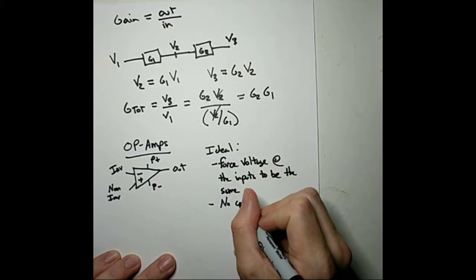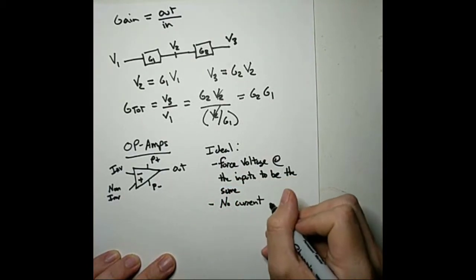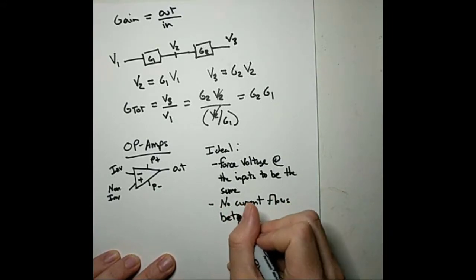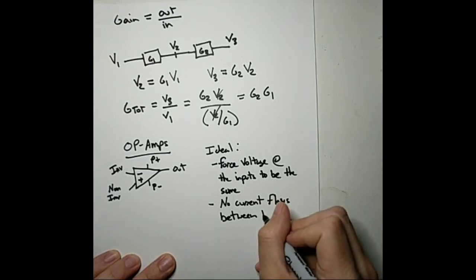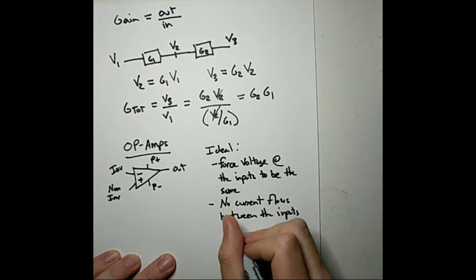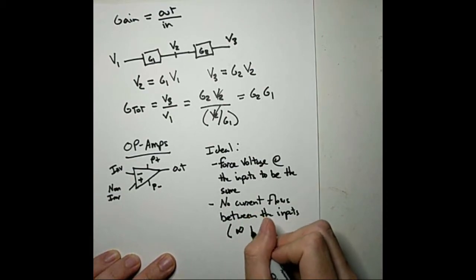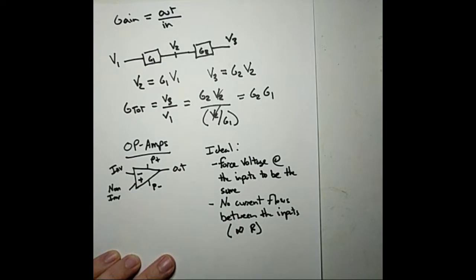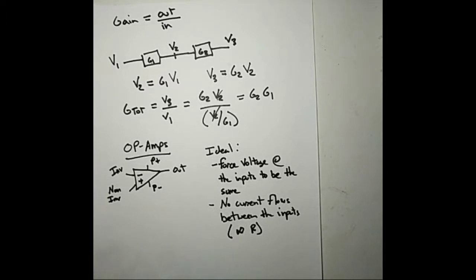And then no current flows between the inputs. So that means that ideally, inside of this, there is an infinite resistance. So that leads to a couple of useful things.